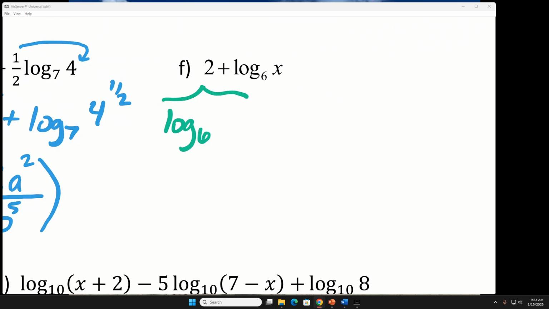So log base 6 of something is going to be 2. So think about that for a second. We haven't really talked about what a logarithm means in a while, since before we had a little snow break. Not reciprocal.